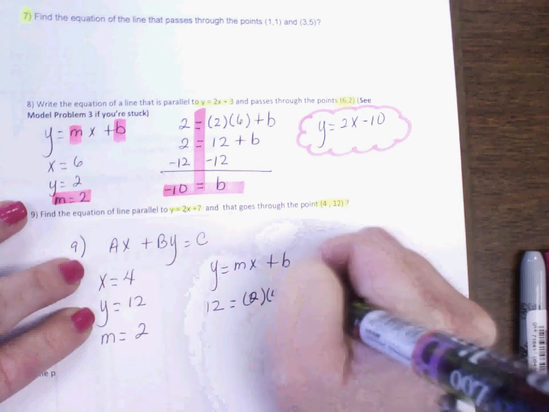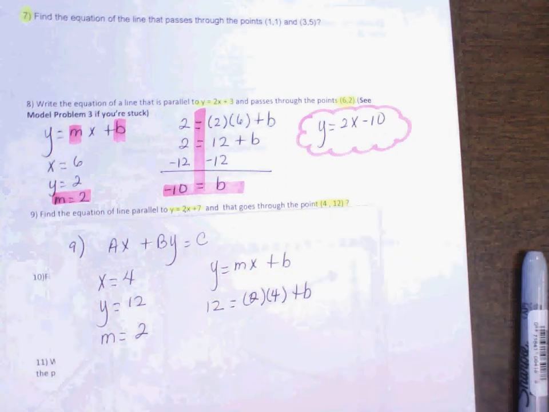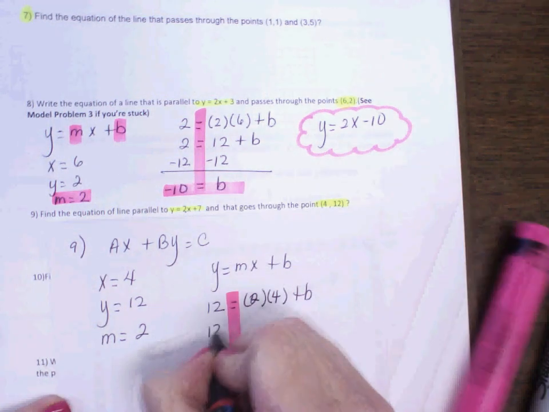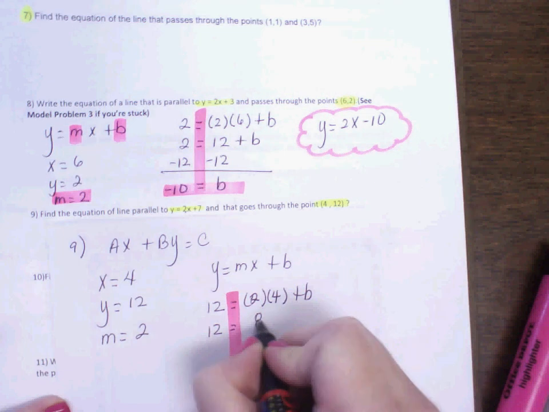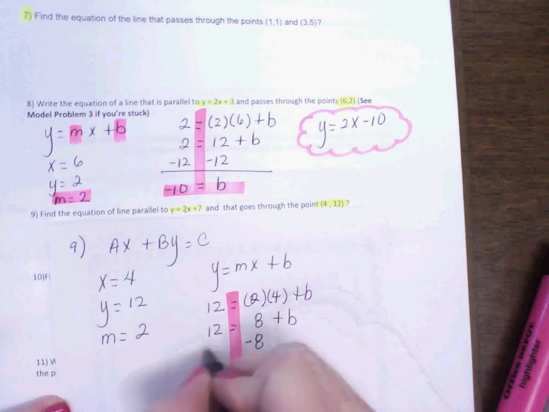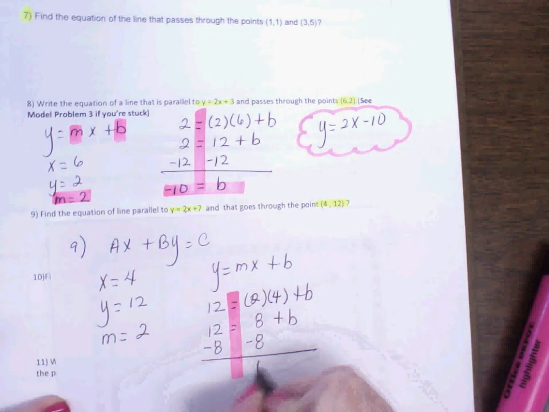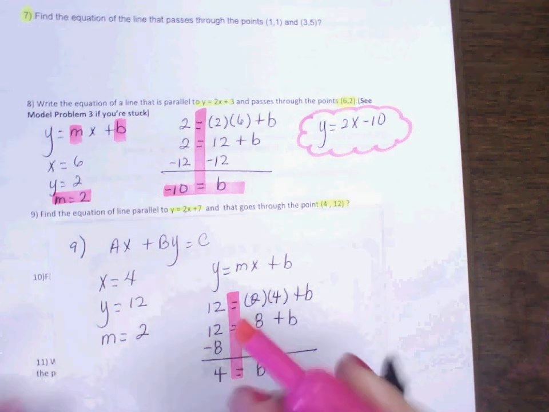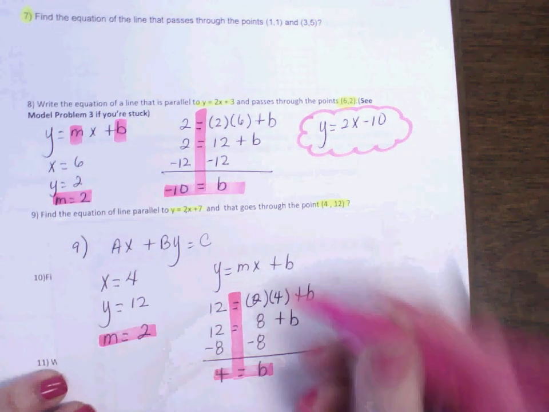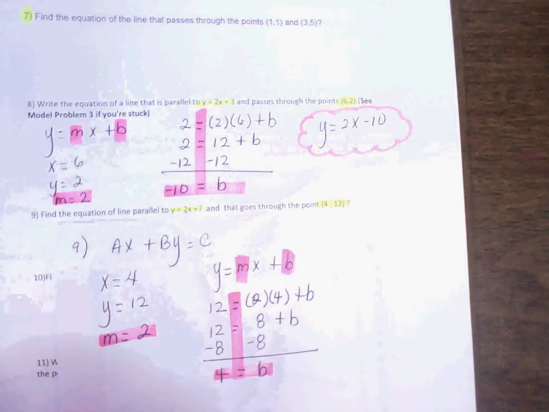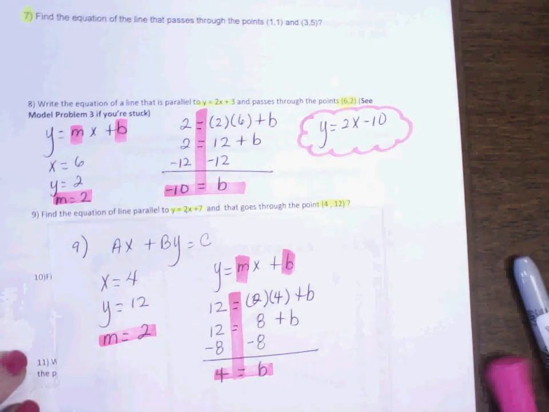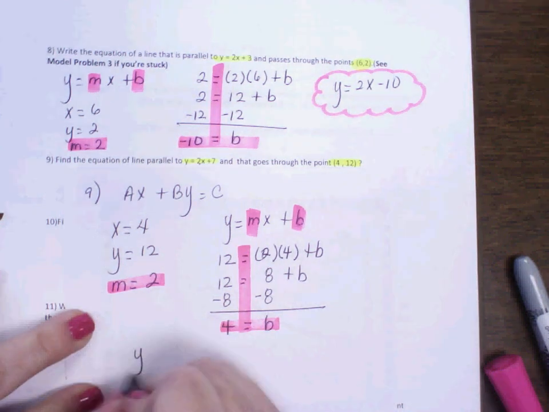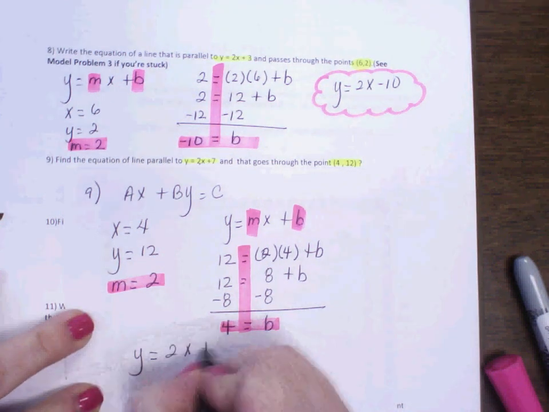And what is your x? 4. 2 times 4 would be 8. Then I have to take away 8, and b equals 4. So now I have my m and my b, and I can substitute them in. So y equals 2x plus 4.